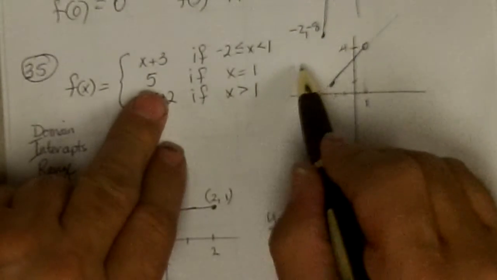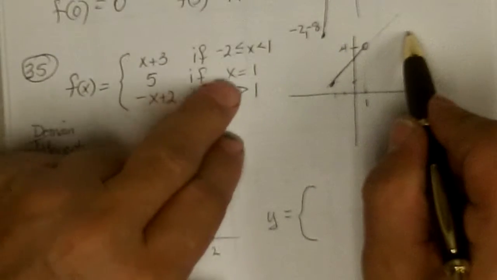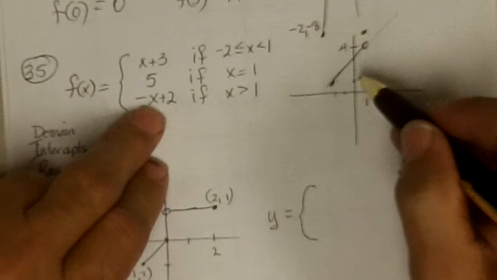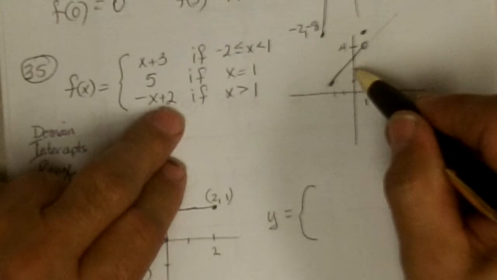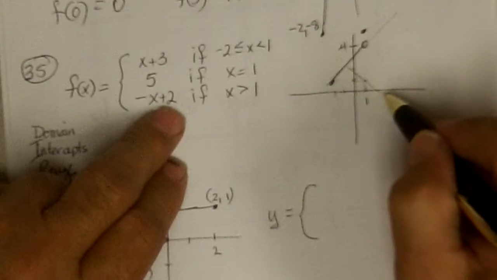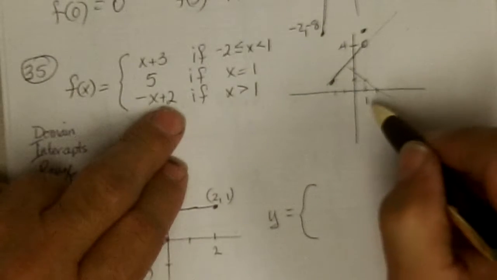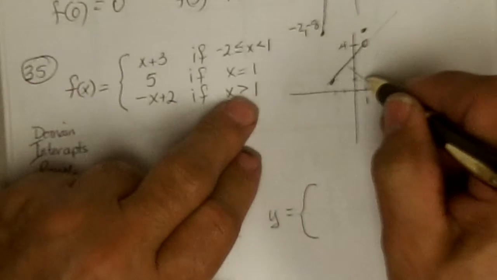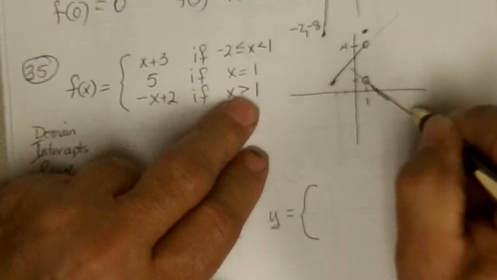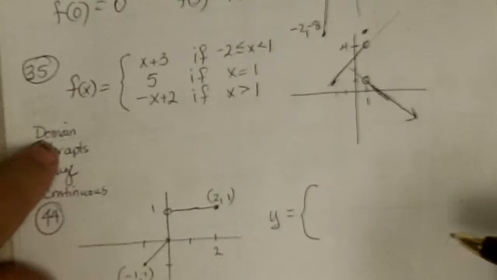Now I do y equals 5, which is straight across, but only at 1. Then I draw y-intercept of 2 with a minus 1 slope, going this way, and from 1, not 1, but everything greater than 1. And what's the domain?